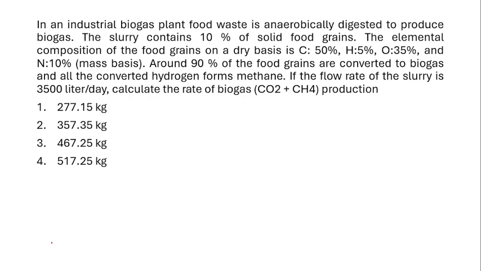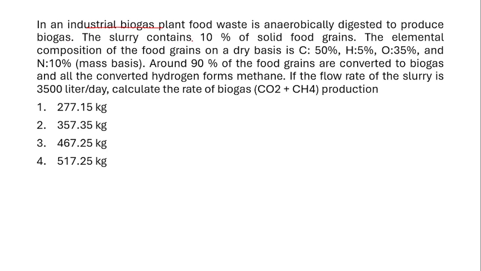So now coming to the problematic question, the last question of the sample questions of week 10. In an industrial biogas plant, food waste is anaerobically digested to produce biogas.